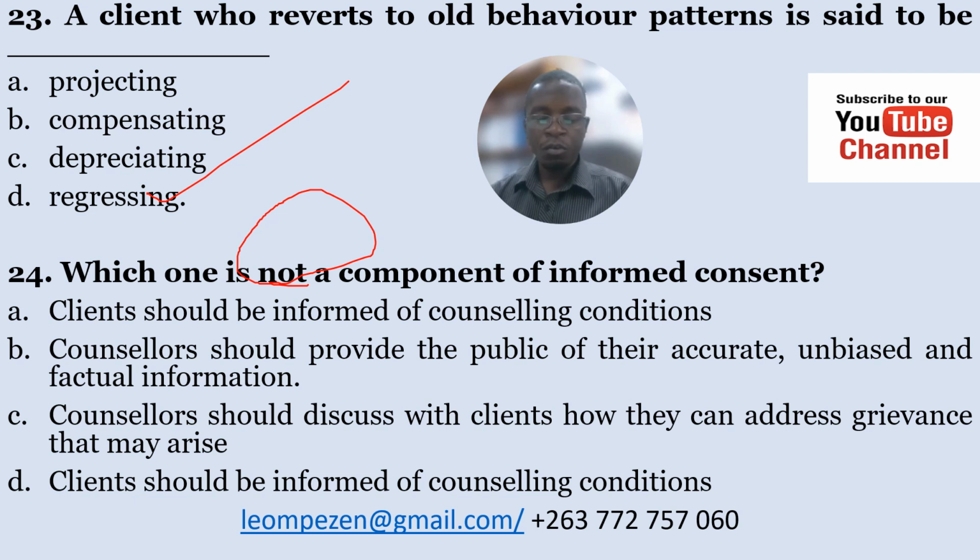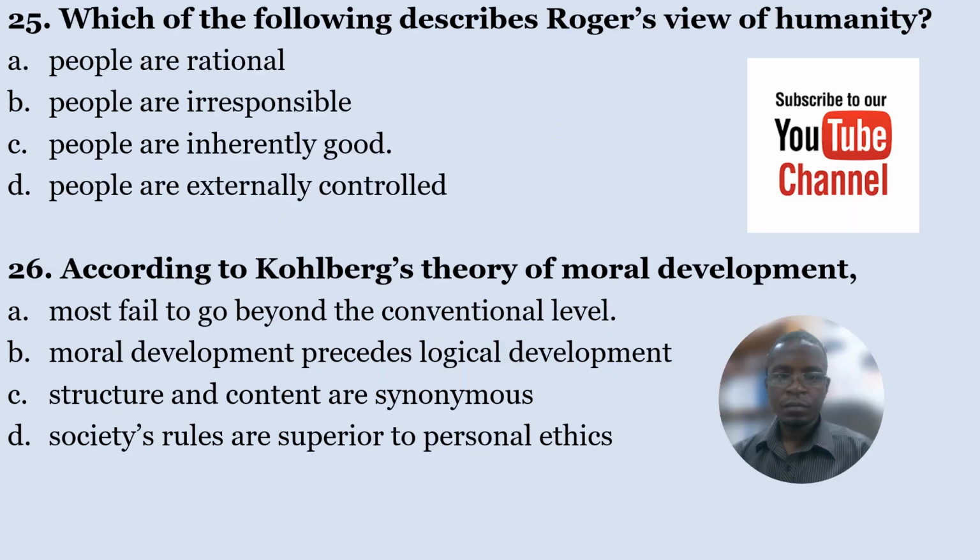So when you look at all four options, you realize that B is not a component of informed consent. Why? It deals with the public, whereas all the other options are talking about the client and counselor relationship. So the correct answer here is B.